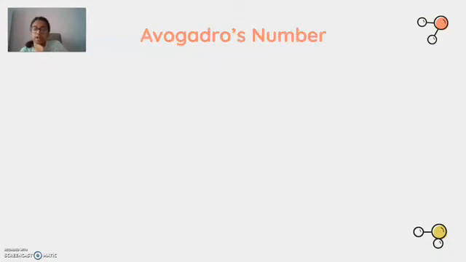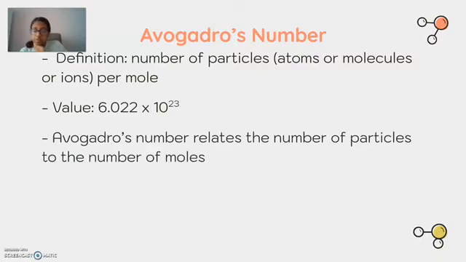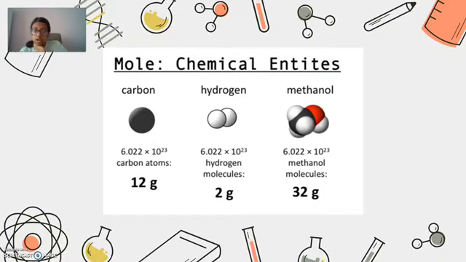So we're going to be looking at Avogadro's number next. Avogadro's number is the number of particles, so atoms or molecules or ions per mole. Its value is 6.022 times 10 to the 23rd. Avogadro's number relates the number of particles to the number of moles. So here's a little diagram that I would like to show to you guys.